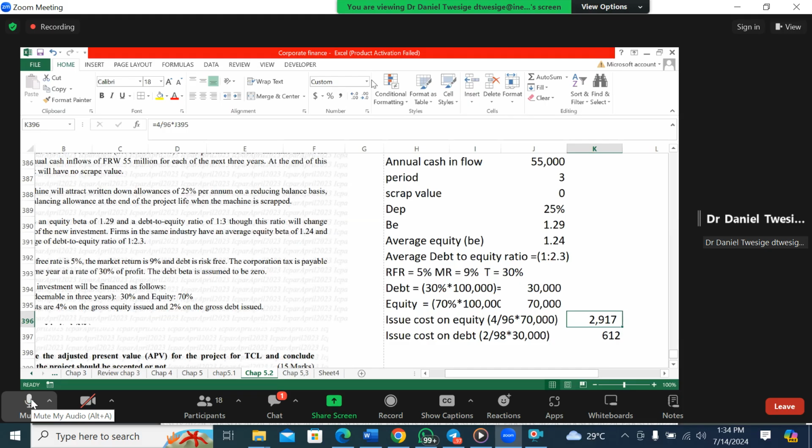Because these values are net. They are net. They are not 100%, but they are net. It means for debt, it is 98% because the each cost is 2%. Equity is 96% because the each cost is 4%.